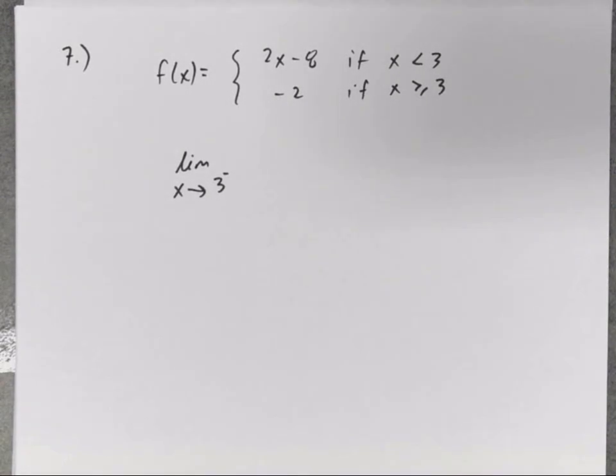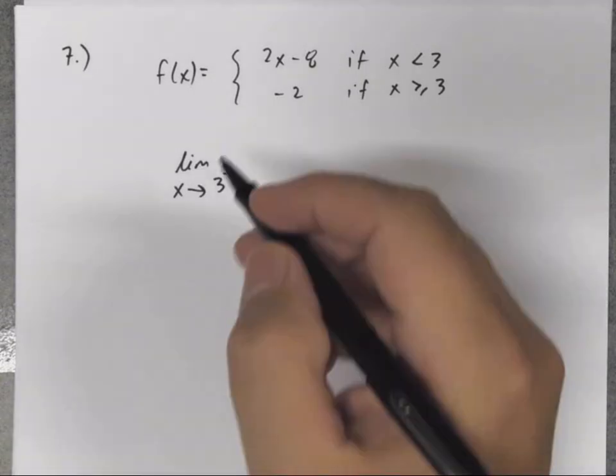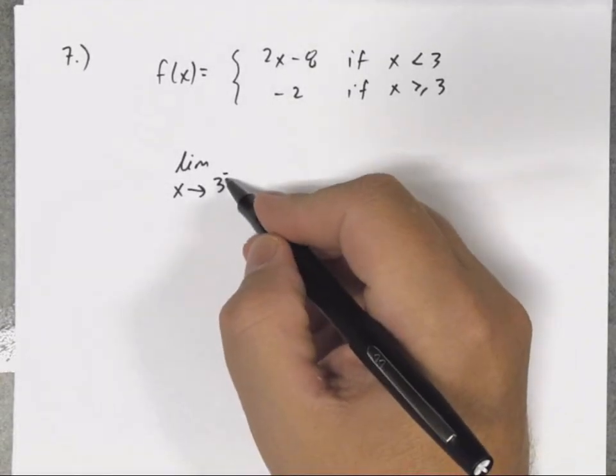However, we want to approach 3 from the less than side. When you're taking the limit as you approach a number, you can approach it from the lower side. If I'm approaching 3 from the lower side, I can think about putting in 2.9 or 2.95 or 2.99. We denote that with the negative.